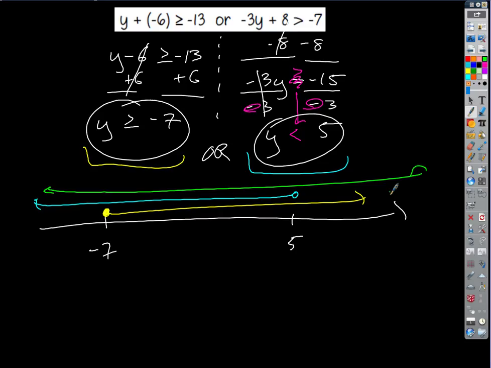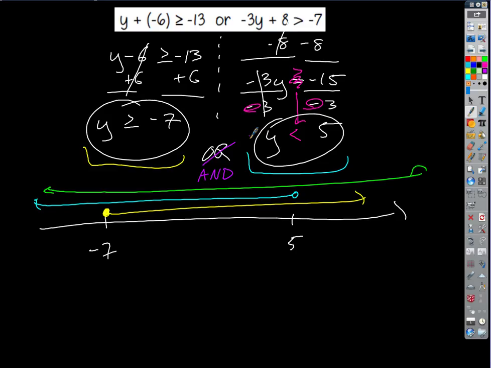Now, what if we had made this an and statement instead, right? What if we had taken the same problem and it had been an and statement? So this or was replaced by and, right? What if we did that? Then I could only pick the places where the ant could stand and be on both blue and yellow at the same time, right?